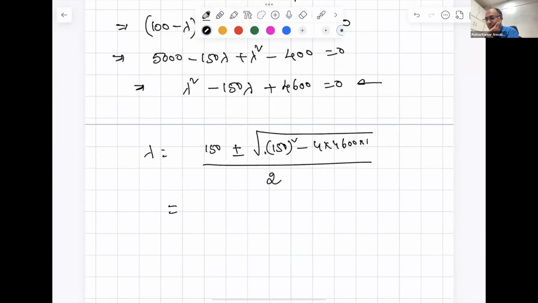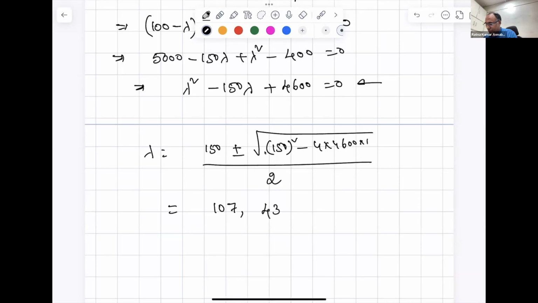Can you tell me the values? 107 and 42.98. 107 and 43.